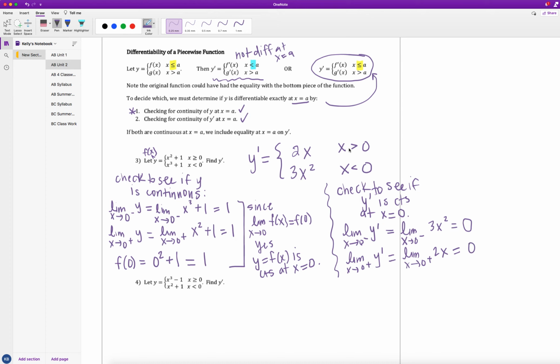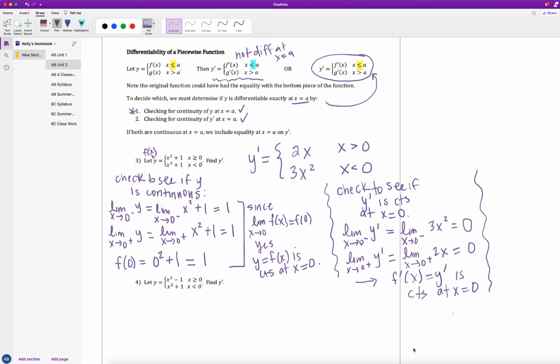And since the limits are equal, this is enough to tell me that f prime, or y prime, depending on which one we want to call it, since f prime and y prime are equivalent, is continuous then at x equals 0.